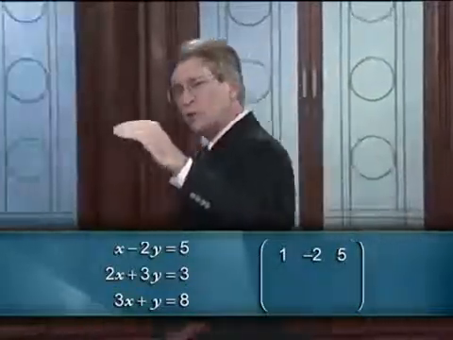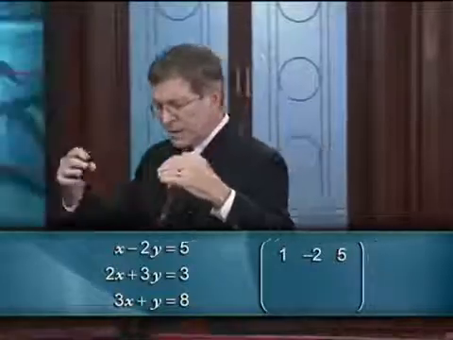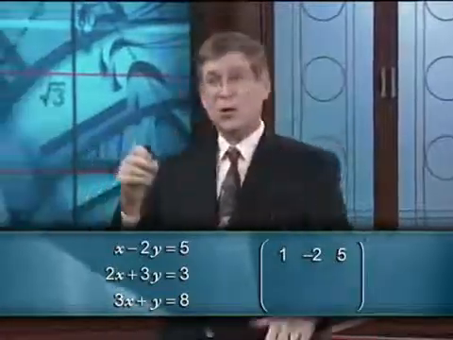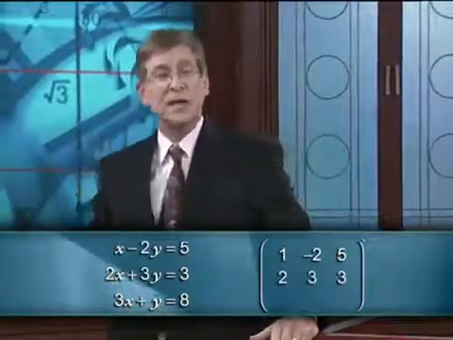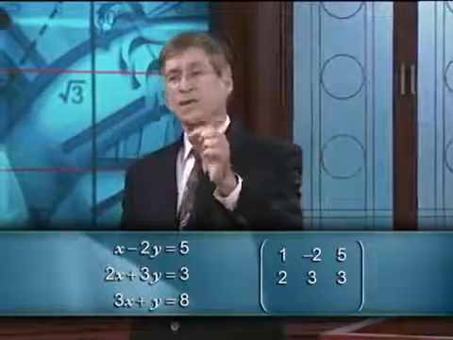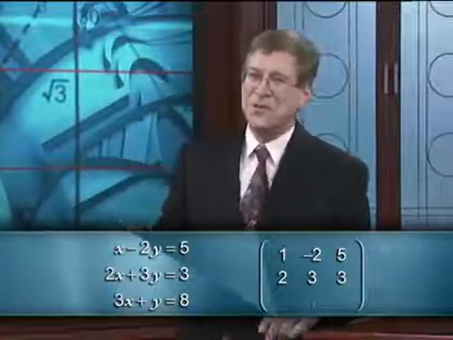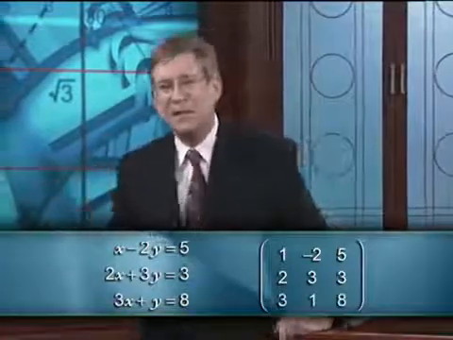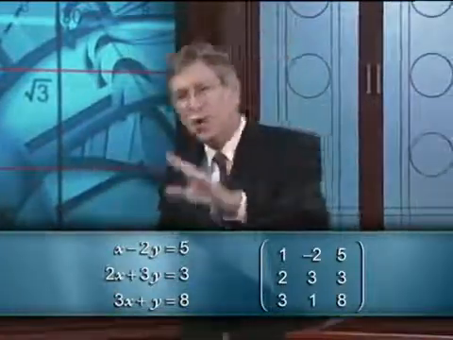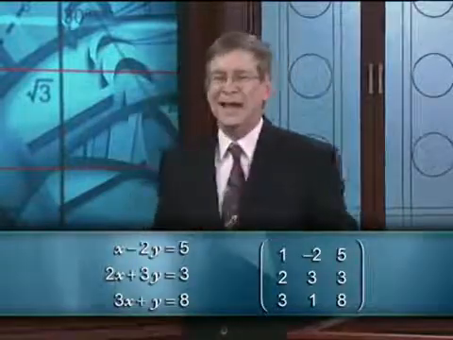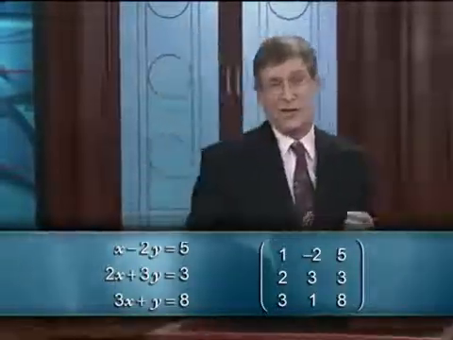Then we have a second row of the matrix, which comes from the second equation. The coefficients are 2, 3, and the right-hand side is 3, so the row is 2, 3, 3. And the third equation, I think you get the picture, is 3, 1, 8, because 3 is the coefficient of x, 1 is the coefficient of y, and 8 is the constant term on the right-hand side.